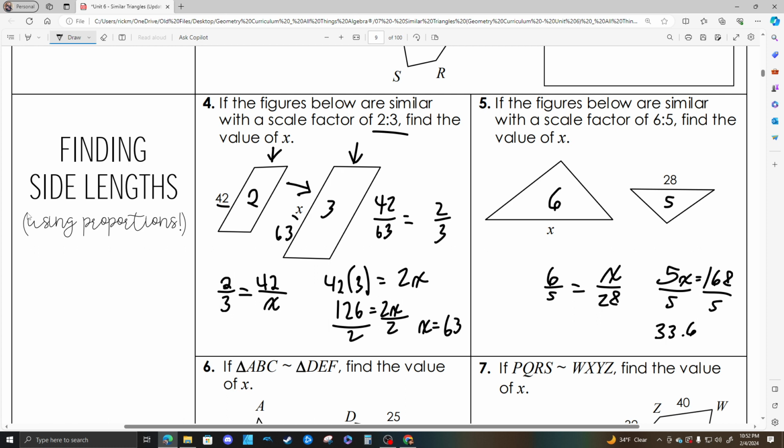All right, so if x equals 33.6, then that means that this side here is 33.6, which also means that 33.6 over 28 has to equal 6 over 5 if you reduce it. All right, awesome. So far, so good, right?